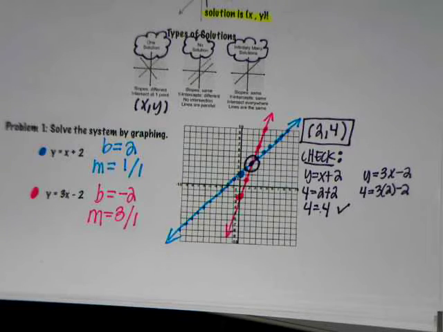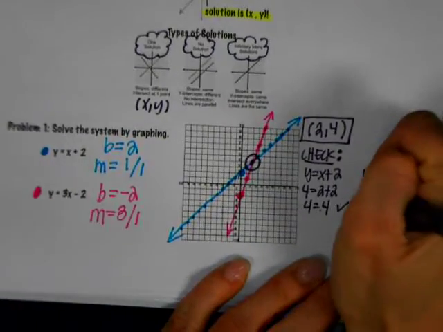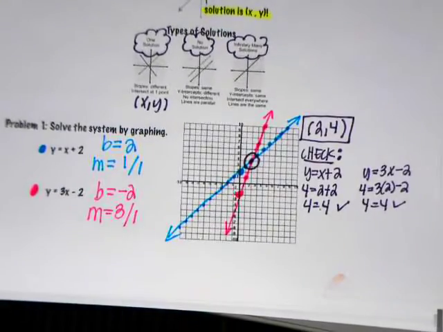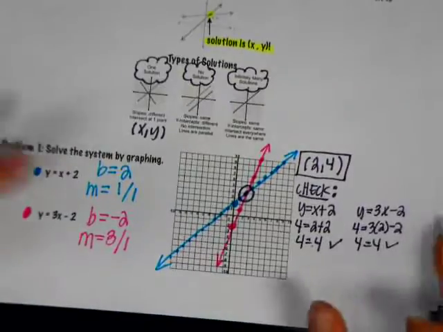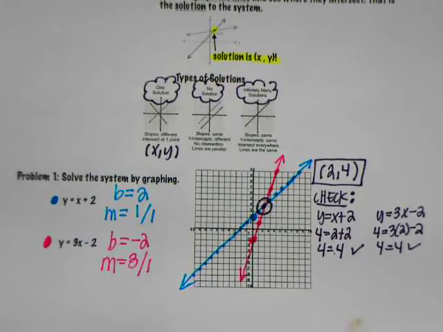All right, so what's 3 times 2 minus 2? 4. Yep, so you get 4 equals 4. So that one checks as well. So that's if you wanted to just make sure that your answer is correct, but you don't have to do that every time, obviously. Just if you wanted to, you know how. Any questions? Cool. Will you guys go ahead and do the next one?